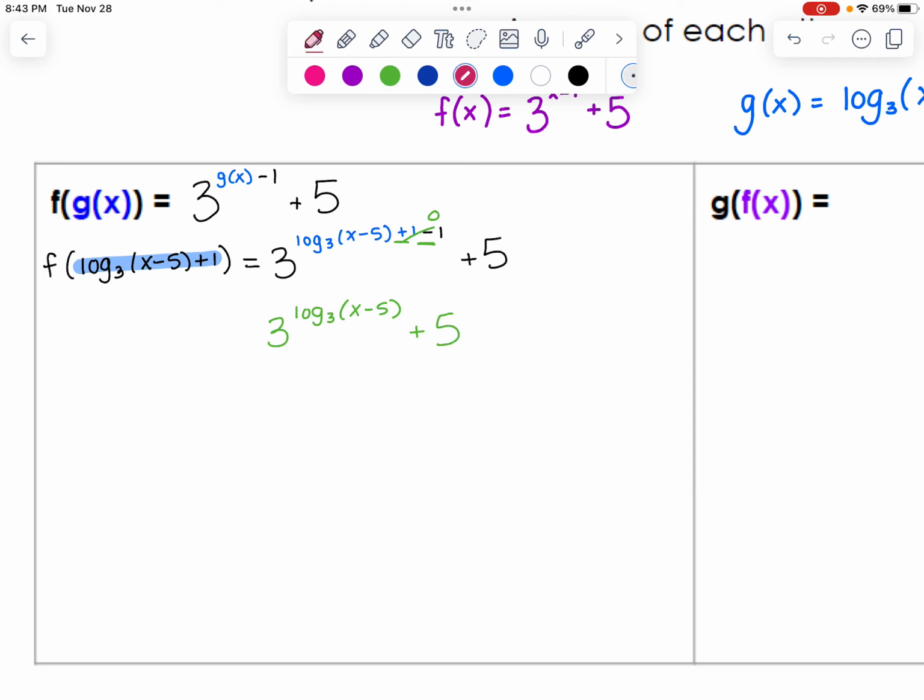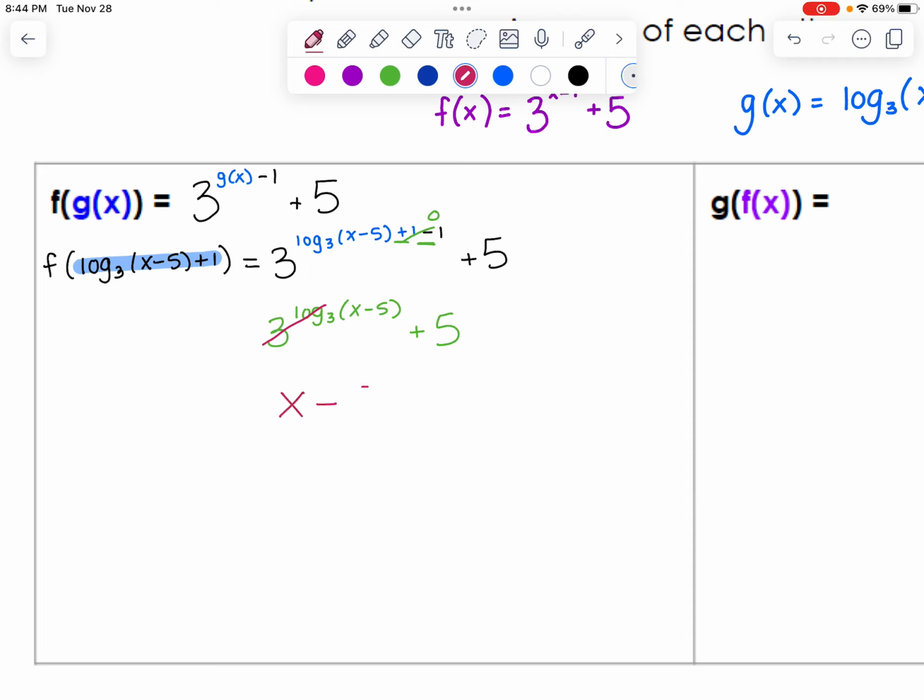All right, now looking at this a little bit closer, we have 3 to the power of log base 3. So remember when we have an exponential raised to the power of the log, and they're the same bases, those two will cancel each other out. When they cancel, whatever was inside of the log now comes out of the exponent.